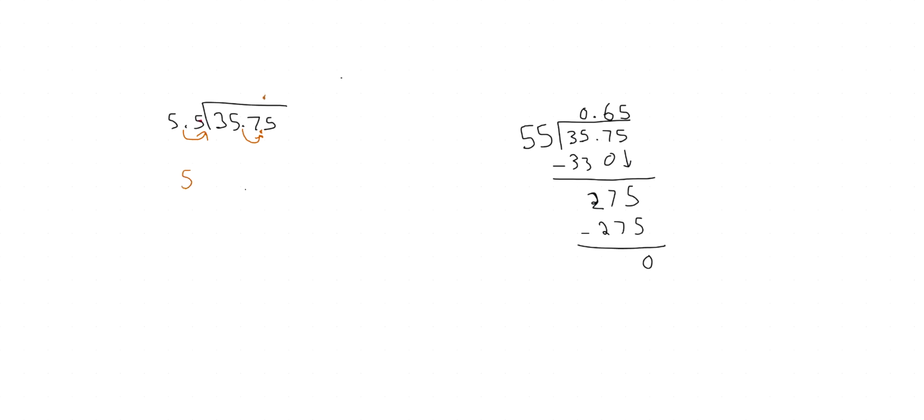55 divided into 357.5. See? Now here's the thing. Remember I told you when the divisor is larger than the dividend, then your answer begins with 0 and a point.